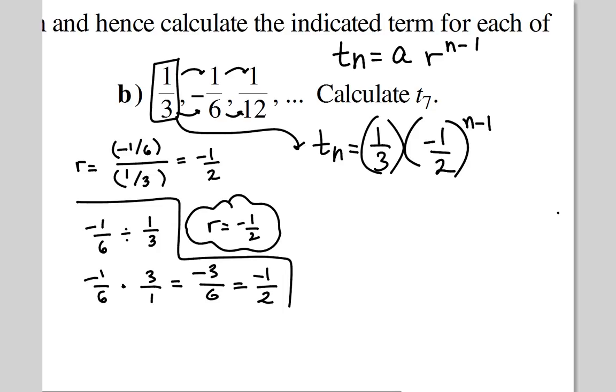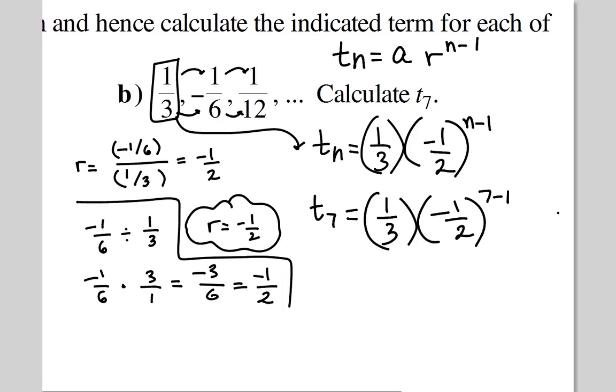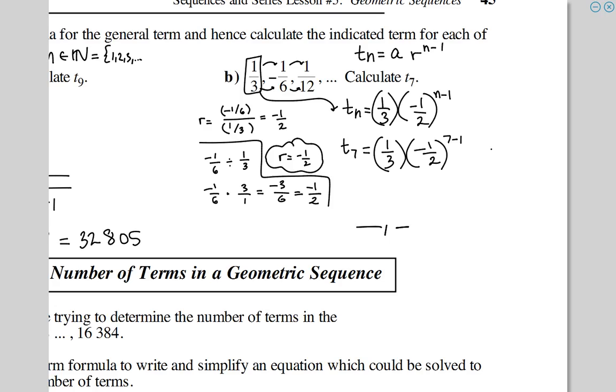So what do we want? T7. Okay, T7, 1/3, -1/2, 7. So for the 7th term, think about this. 1, 2, 3, 4, 5, 6, 7. To get from A all the way to the 7th spot, how many times do I have to multiply by R? 1, 2, 3, 4, 5, 6.